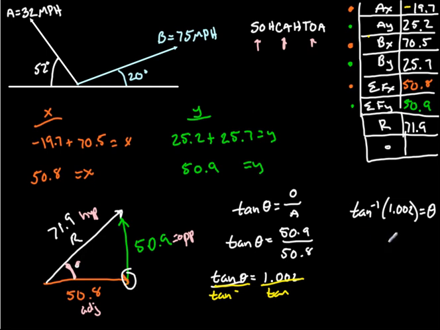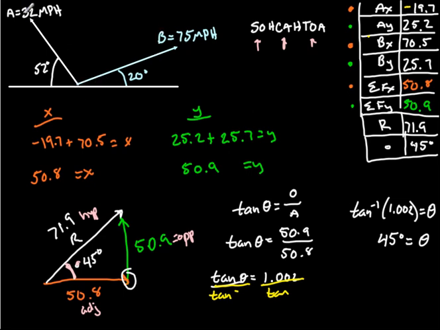So we basically are getting rid of the tangent. When you put it in your calculator, you're going to get roughly, amazing when I make these, sometimes they work out very nicely, about 45 degrees for our angle. So our angle is actually 45 degrees.